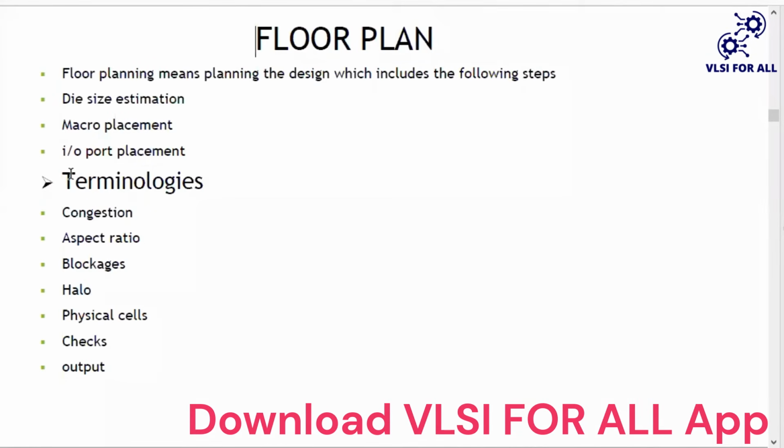In the floor plan we define the core and die area estimation, how your design's core and die area will be. Next is the macro placement, how you are placing the macros in our design.